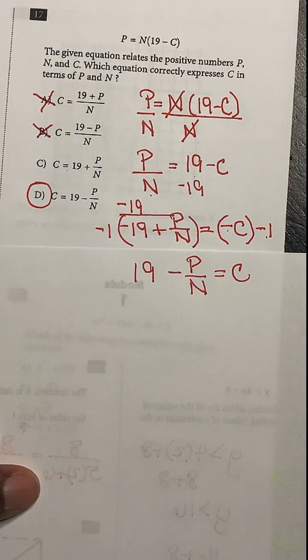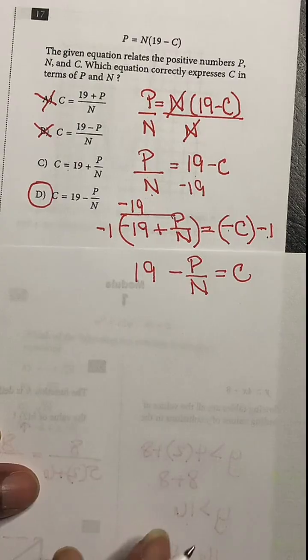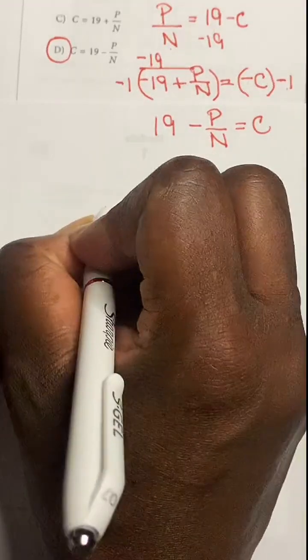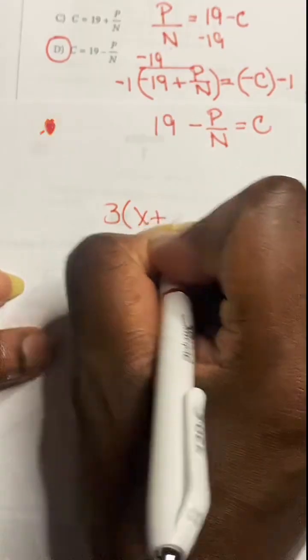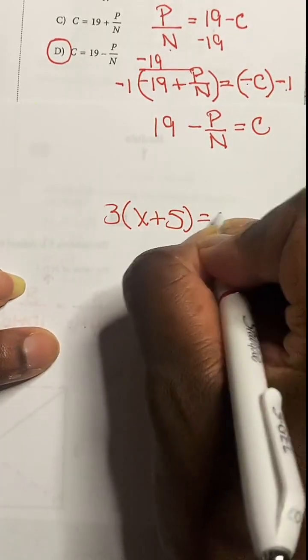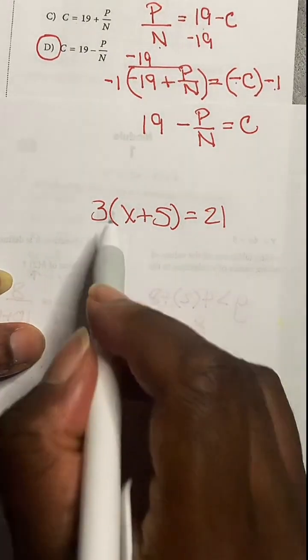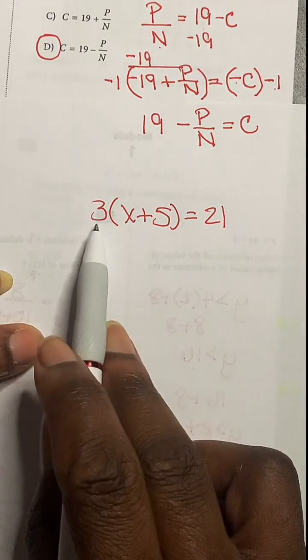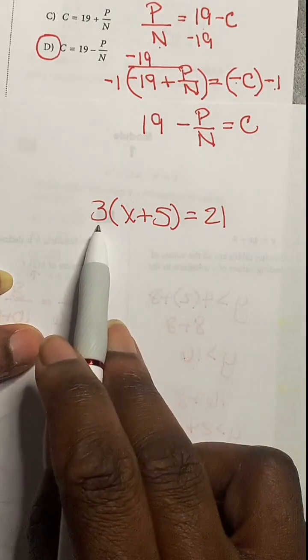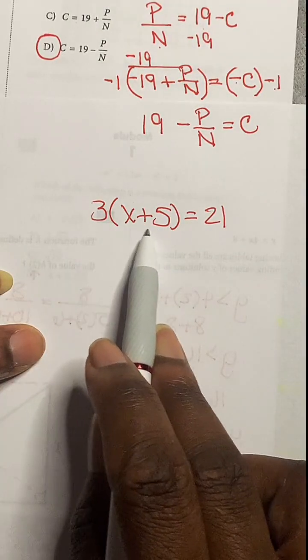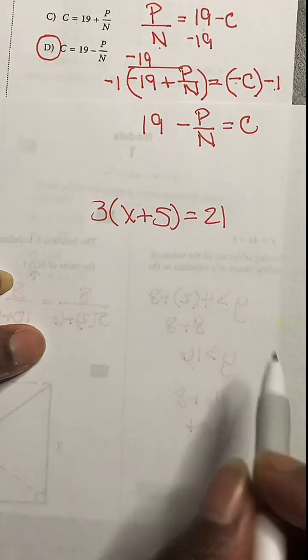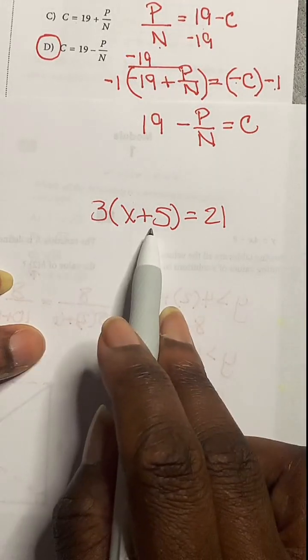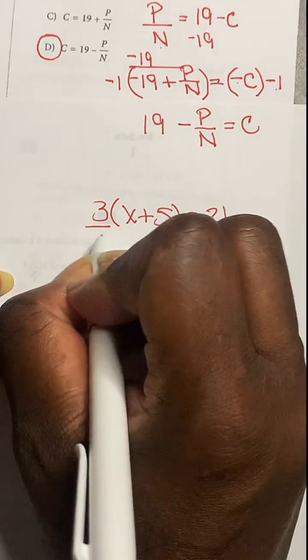Okay. All right. But see, you guys got to understand, there are shortcuts. So like if I wanted to do 3 times x plus 5 equals 21, you don't have to do the distributive property. You could. But if you understand that this whole left side, you're multiplying the 3 to this whole expression of x plus 5, let's go ahead and do the inverse.